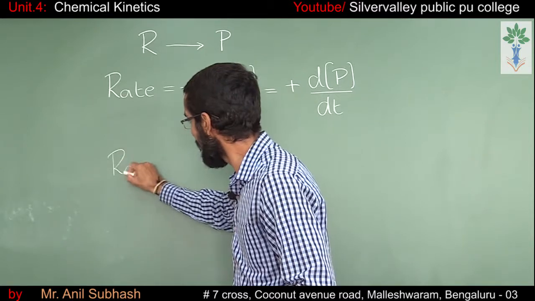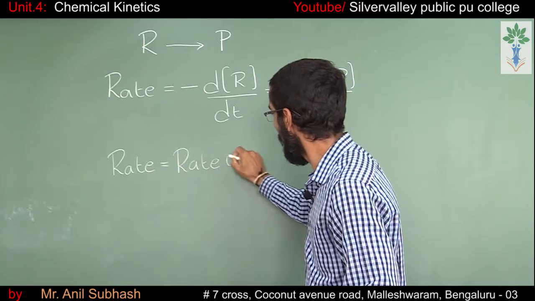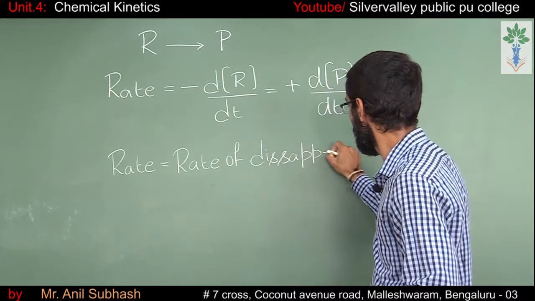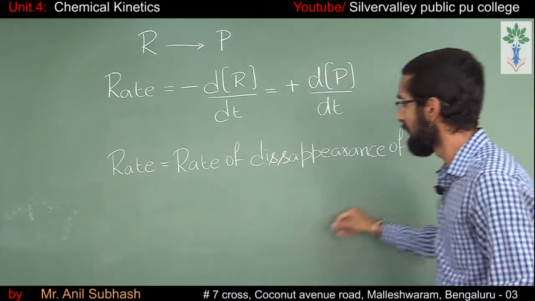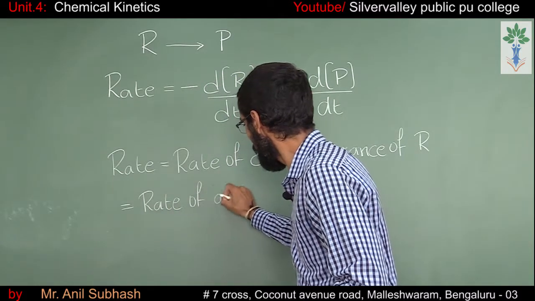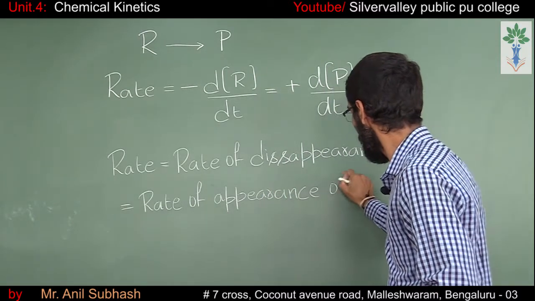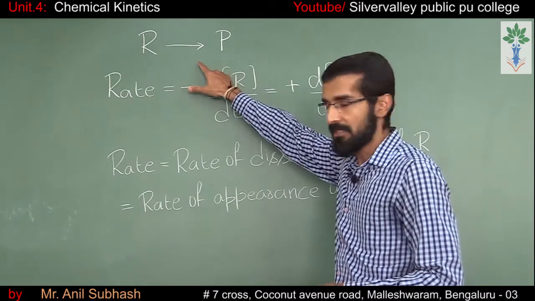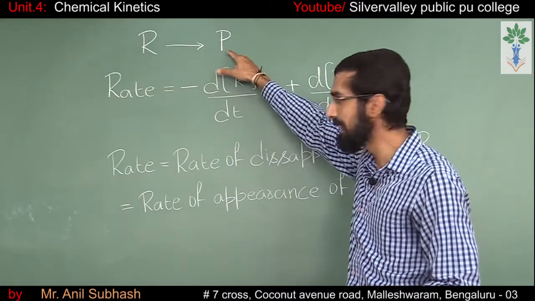It can be said that rate is equal to rate of disappearance of R, which is equal to rate of appearance of P. We all know that whenever a chemical reaction takes place, the concentration of reactant decreases and the concentration of product increases.